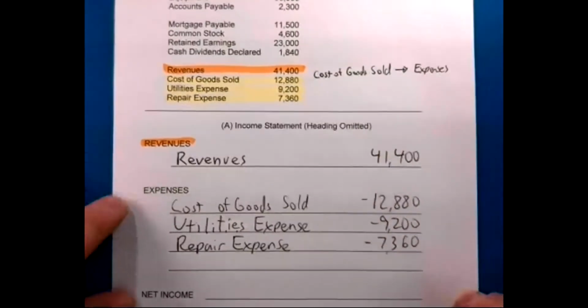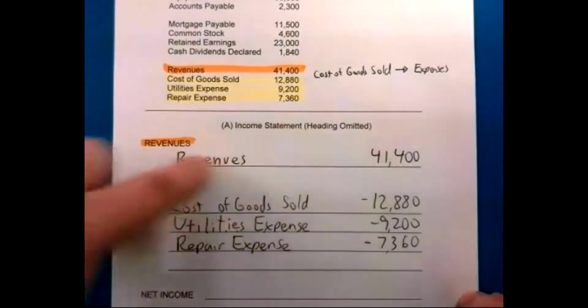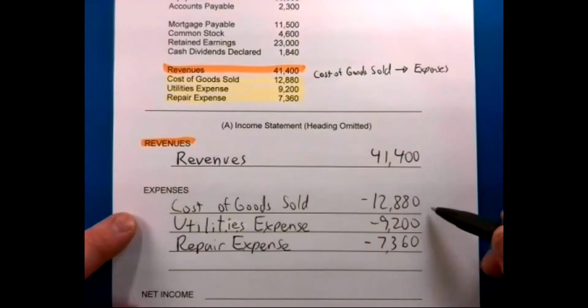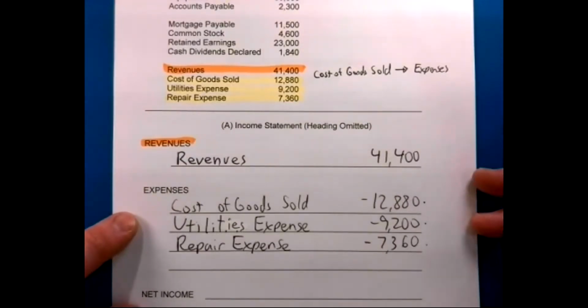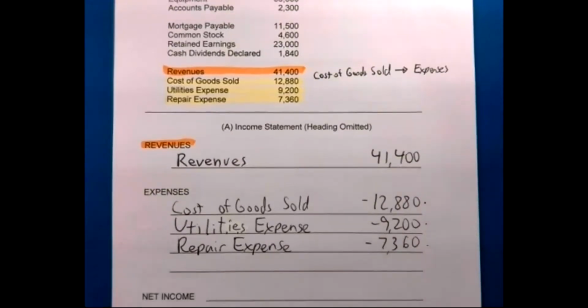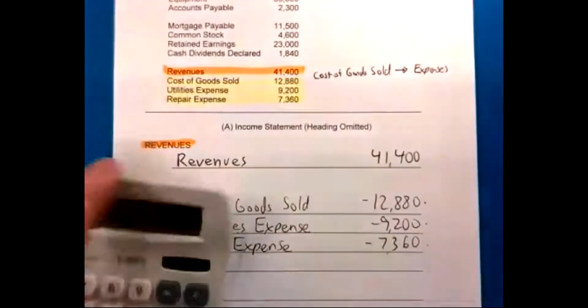Okay, so this is what came in. This is what went out. This is actually inventory going out. This is cash going out. And then what's left over is what we made.